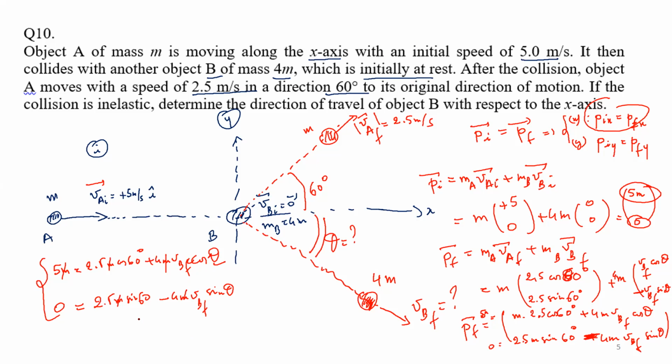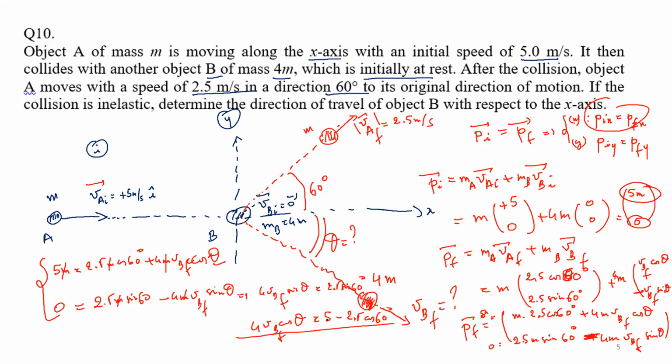Do you want me to solve it? Okay, let's solve it. If I exploit this equation, for VB final, sine theta is equal to 2.5 sine 60 degree. If I exploit this equation, for VB final, cosine theta is equal to 5 minus 2.5 cosine 60 degree.